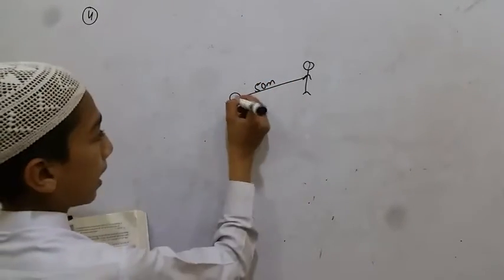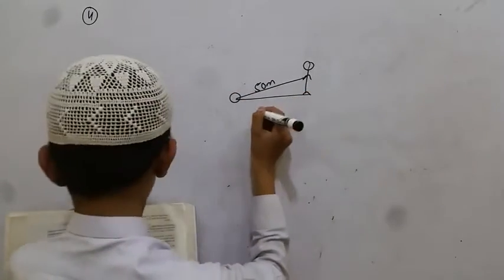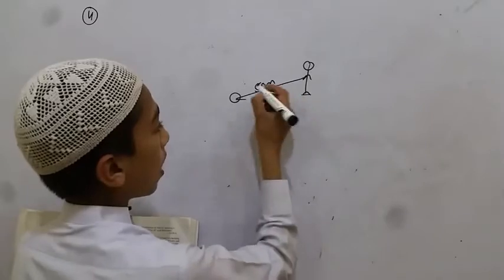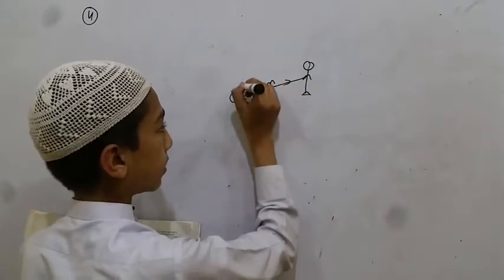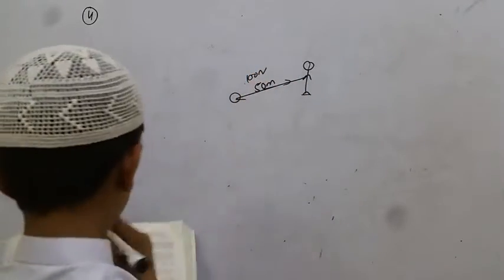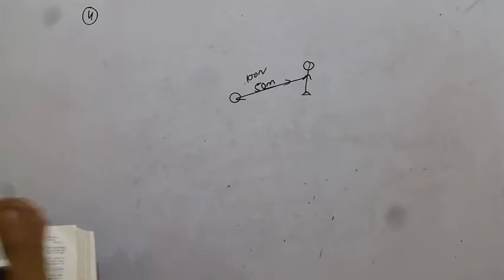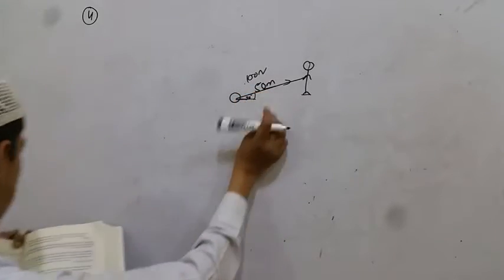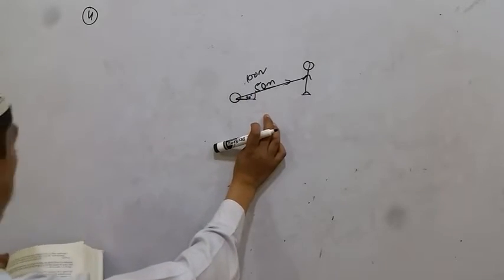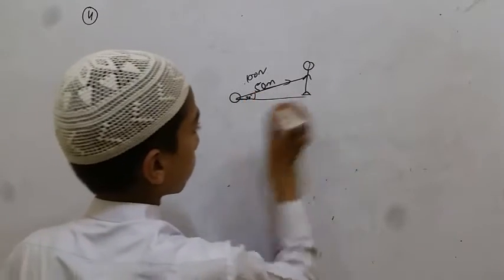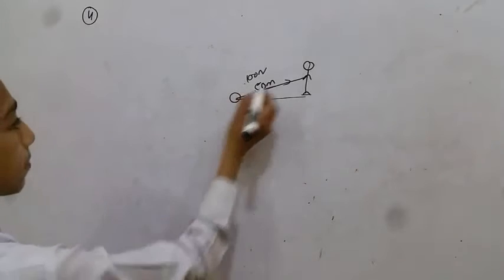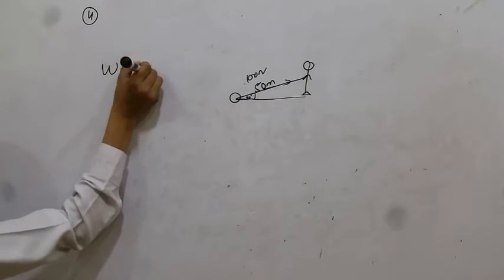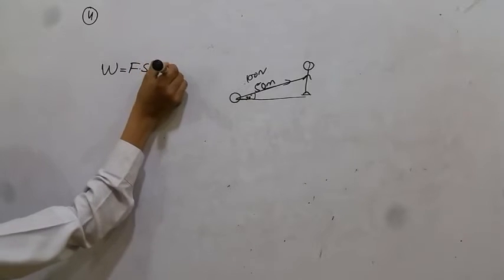By applying a force of 100 Newton in this direction, which makes an angle of 30 degree with horizontal. Calculate the work done by the man. So the work done by the man is equal to F S cos theta.